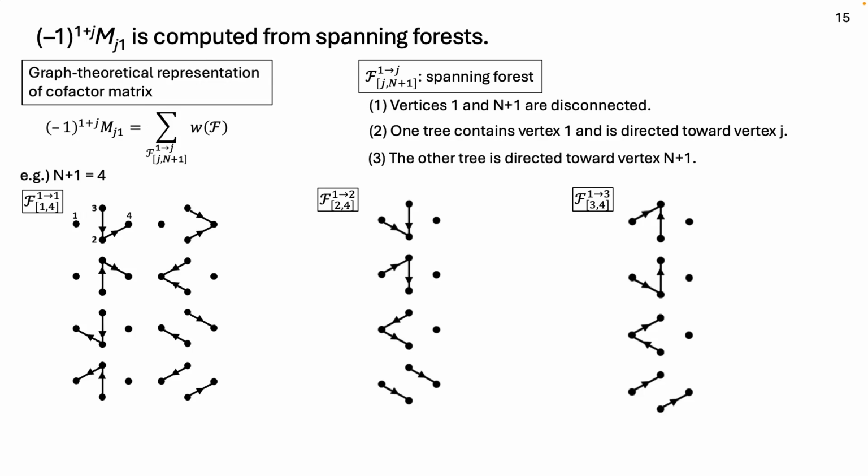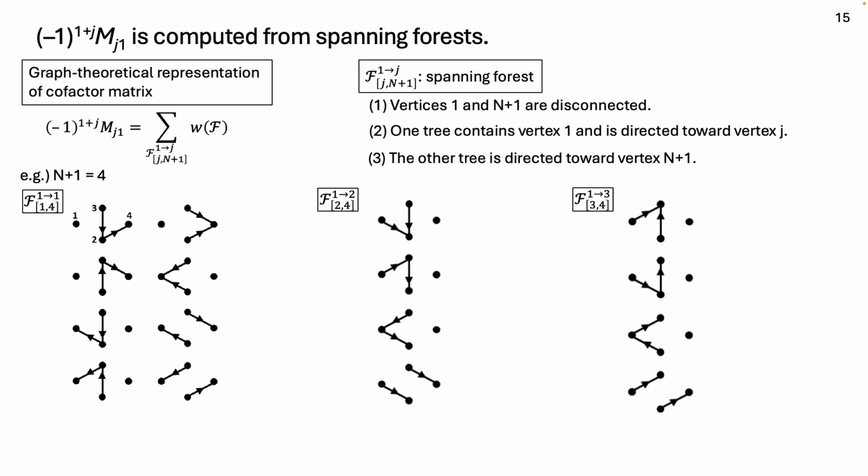This subgraph contains vertex 1 and it reaches vertex 3. For this example, it contains vertex 1 and reaches vertex 3, and the same for this case.